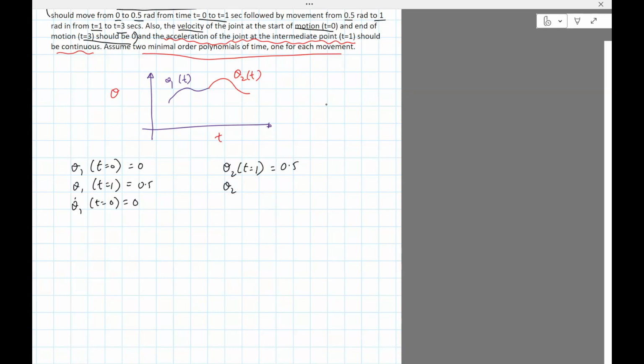Theta 2 at t equals 3 should go to 1 radian. Theta 2 dot at the final time, so final time is 3, should be 0. Okay, so I've got these.